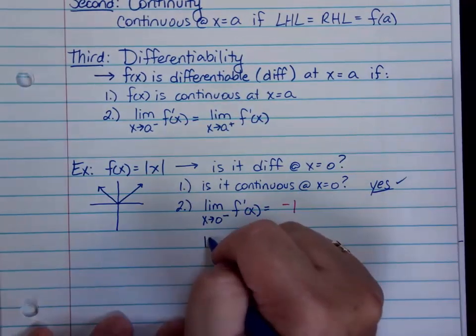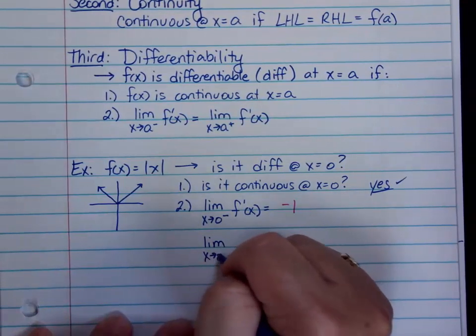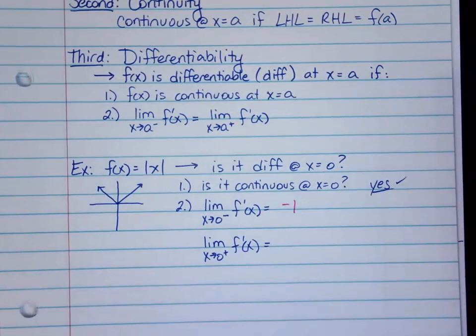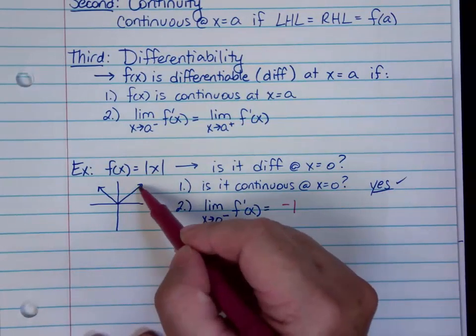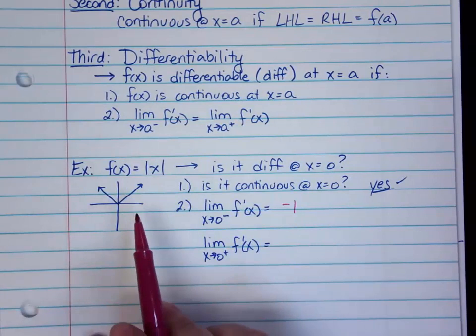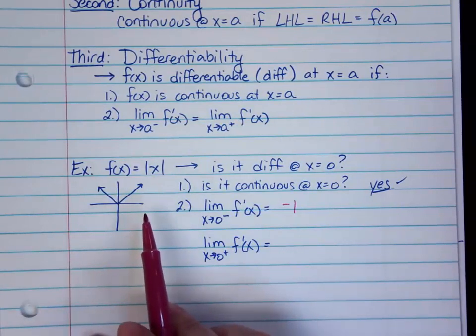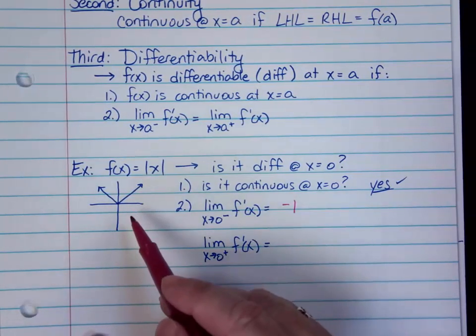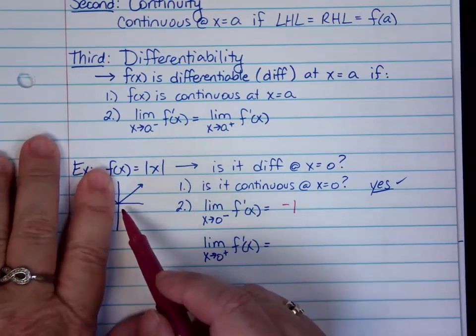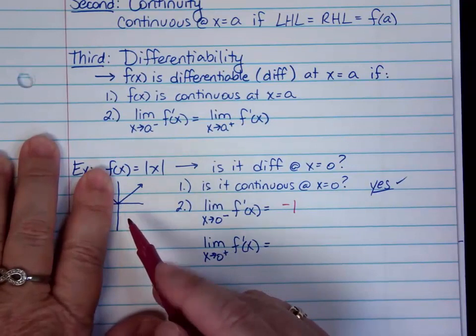The limit as x approaches 0 from the right of the derivative means I'm now looking at the slope of the right-hand piece of line. What is the slope of the right-hand piece of line? 1. And it's 1 at every point, agreed? Therefore, if all you had was the right-hand piece of line, it would look like the slope at 0 should also be 1.